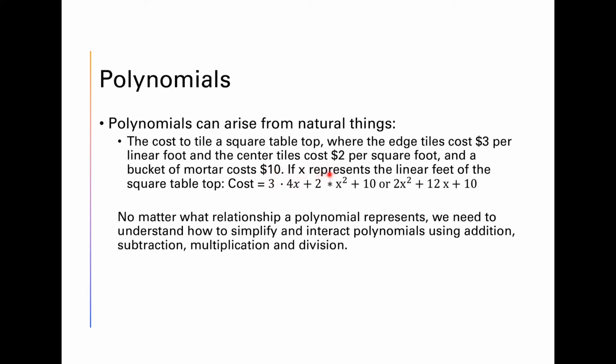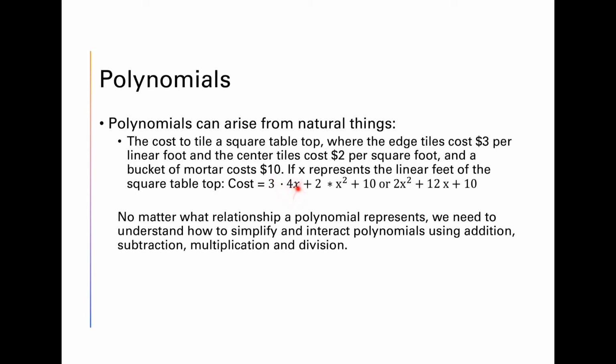So if X represented the linear feet of one side of the square tabletop, our cost could be computed as 3 times 4x. Where does the 4x come from? Well, there are 4 sides. So if x represents the length of one of those sides, then it's going to be 4 of those, so 4x, multiplied by the cost per linear foot.